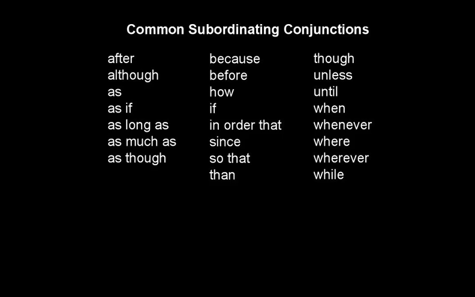And rather than be scared at such a long list, you could consider the relative pronouns that begin adjective clauses and say, well, I only have to memorize those. And then everything that's not a relative pronoun is probably an adverb clause. Now, of course, later on we're going to talk about noun clauses, but let's deal with this right now.